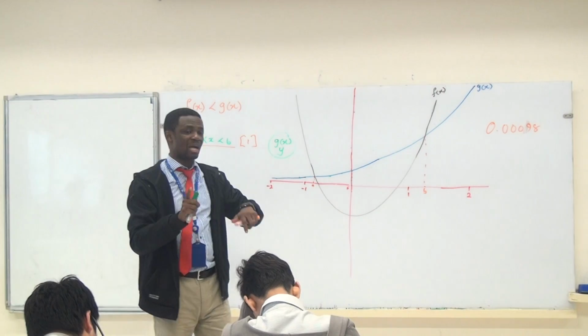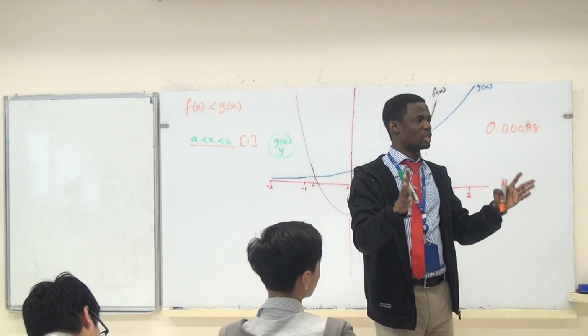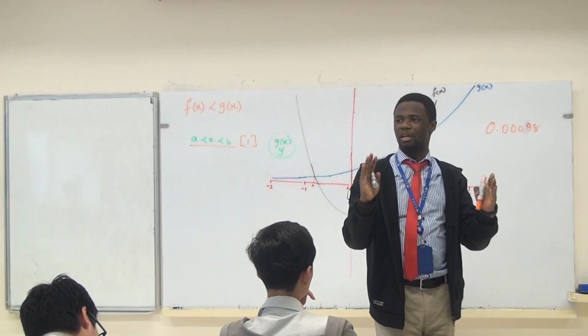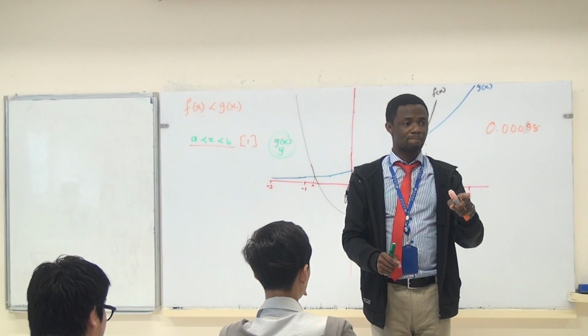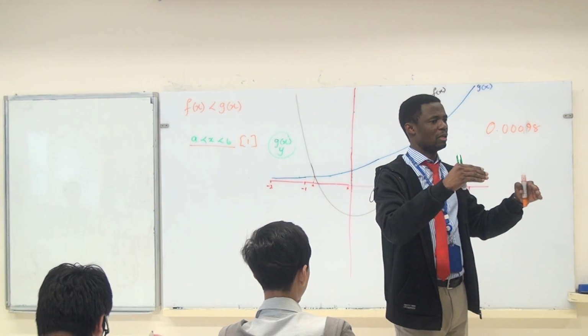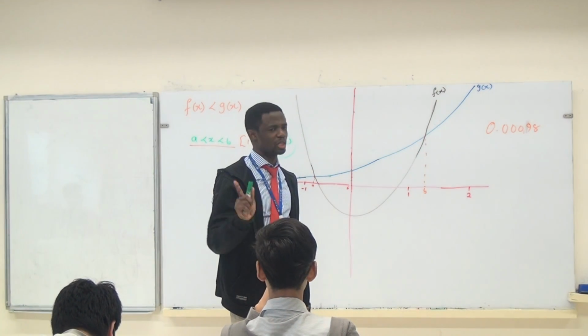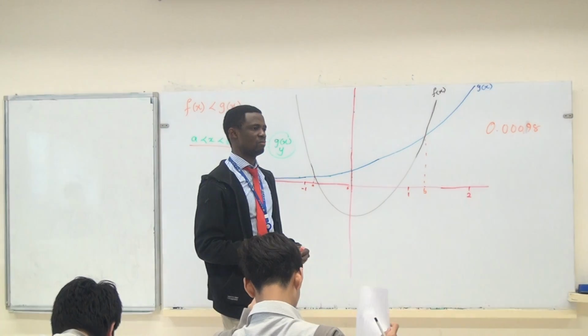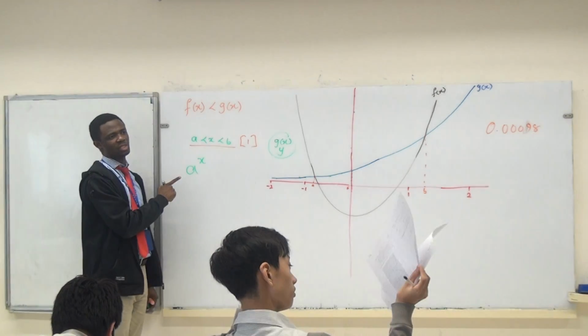Now, at the beginning of the class, I asked you, and I listened to everybody. Yesterday, what was the major feature about the inverse graph? It doesn't touch the y-axis. So what do you notice about the exponential graph today? It doesn't touch the x-axis. So a to the power x never touches the x-axis.